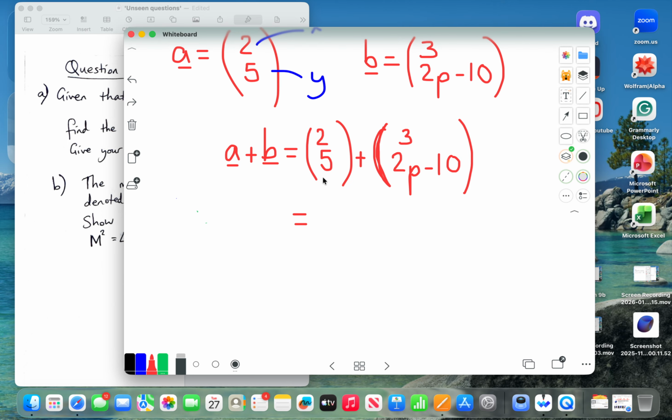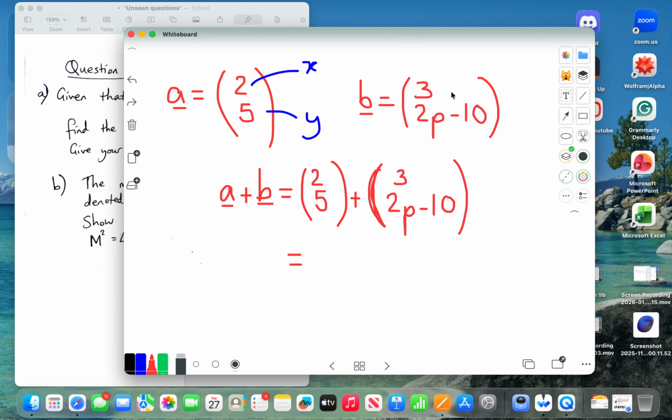We want to add our x components. So 2 is the x component in the vector A, and 3 is the x component in B. So 2 plus 3 equals 5. Let's look at the y component. Well, 5 is the y component in A, and in vector B, the y component is 2p minus 10.